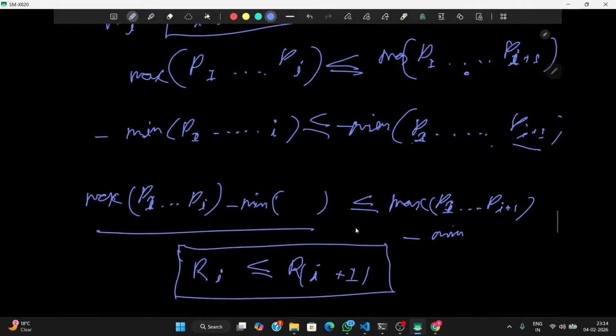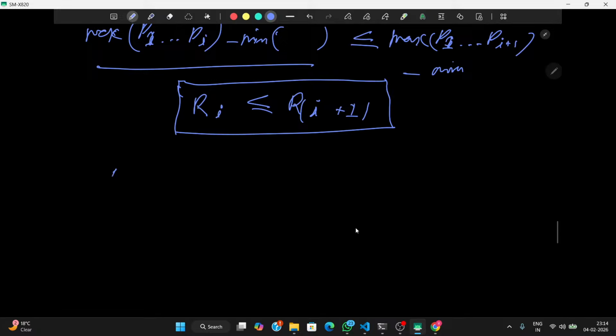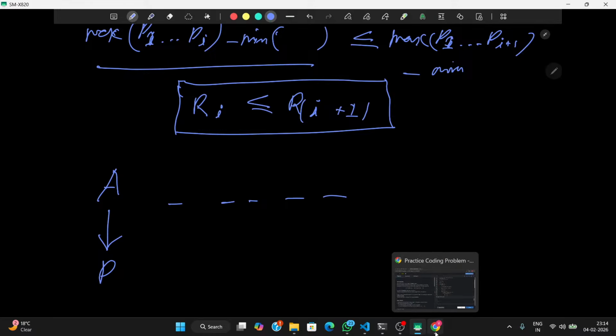So after seeing this, again, we had an array A, right? We will rearrange the array A into some array P, and now we will want to maximize the max of this array R, right?